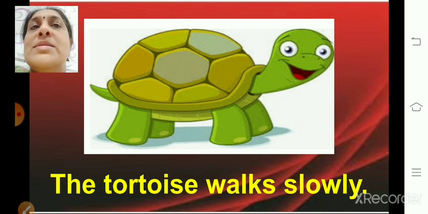The word slowly tells us how the tortoise walks. It tells us something more about the verb. What is the verb here? Walks. Yes, so the word slowly tells us something more about the verb.